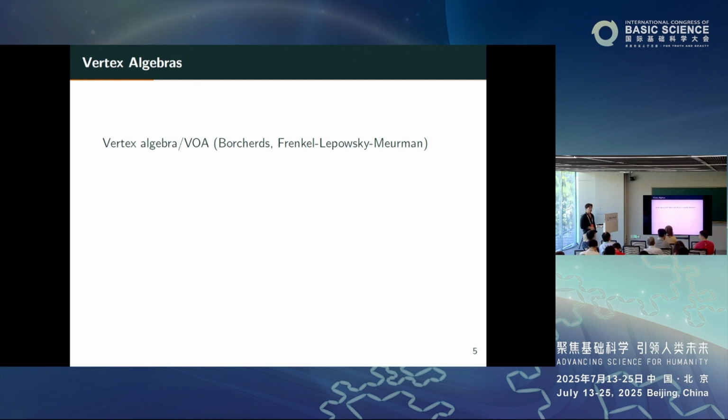I'm not going to give a definition of vertex algebra, but you can think of these as certain cousins of, or a generalization of, affine Kac-Moody algebras, and they originated in two-dimensional chiral conformal field theory.